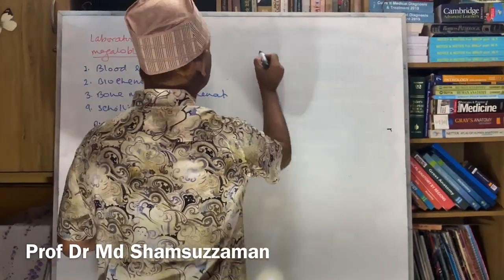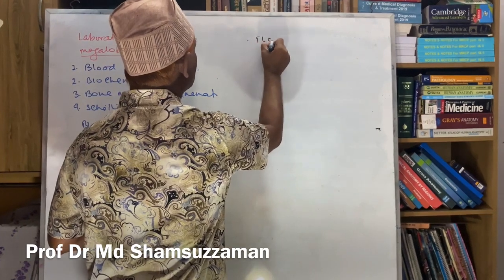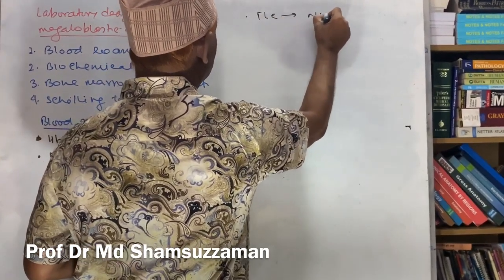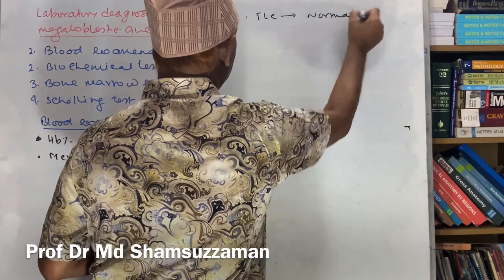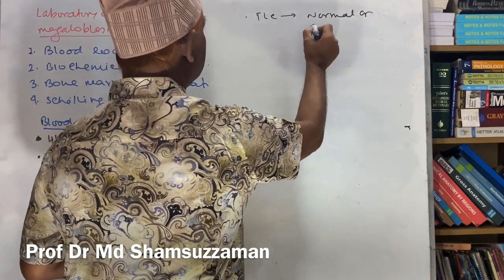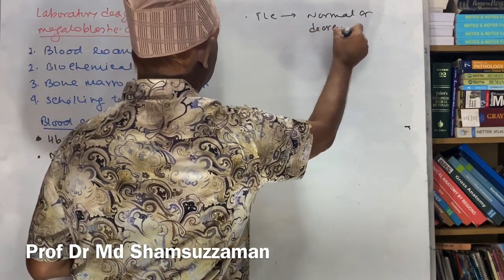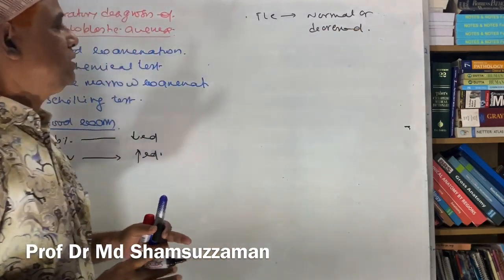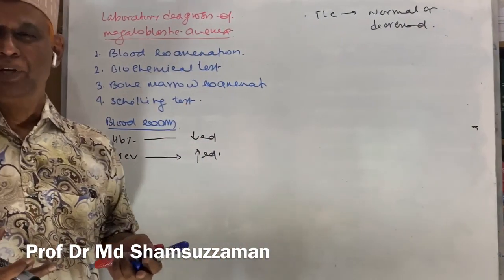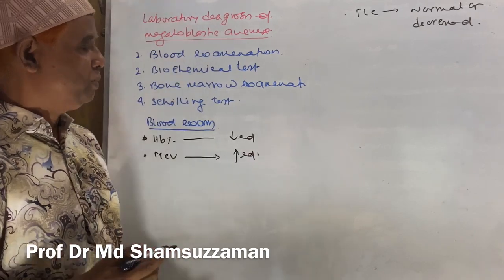Then we have to do total leukocyte count. It will be normal, or in later stage it may be decreased. That is leukopenia. So in early stage it is normal, in later stage it may decrease.